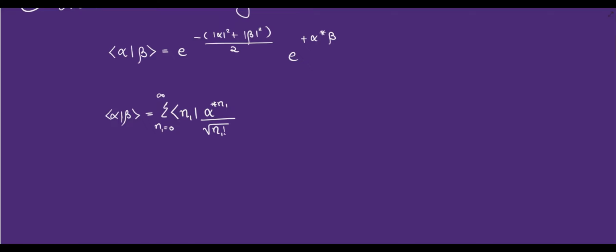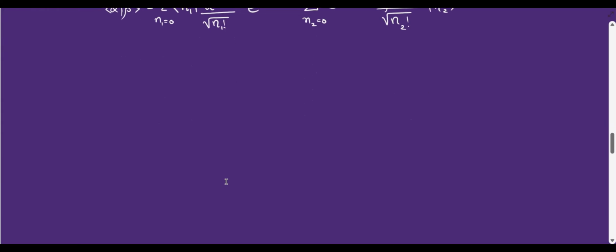So this is root of n1 factorial, and there will be e raised to minus mod of alpha square by 2, and then we will write the decomposed form of beta, that will be summation n2 equal to 0 to infinity e raised to minus mod of beta square by 2, beta raised to n2 divided by root of n2 factorial into |n2⟩.